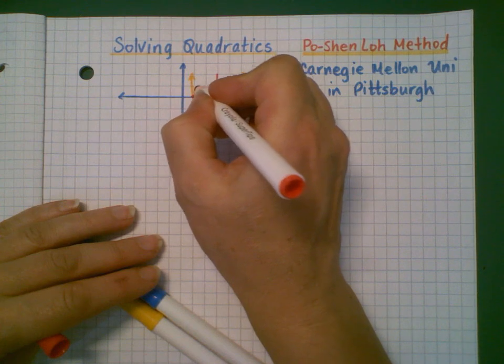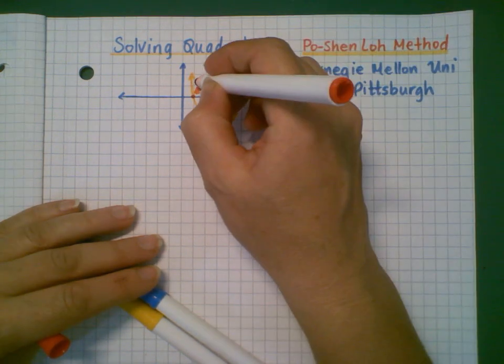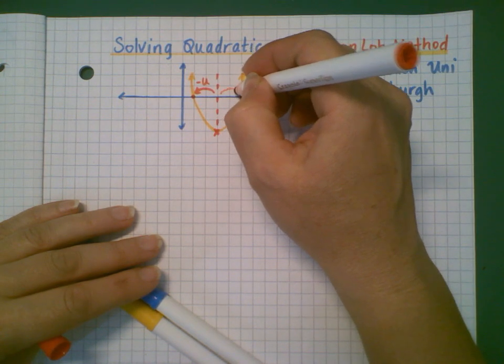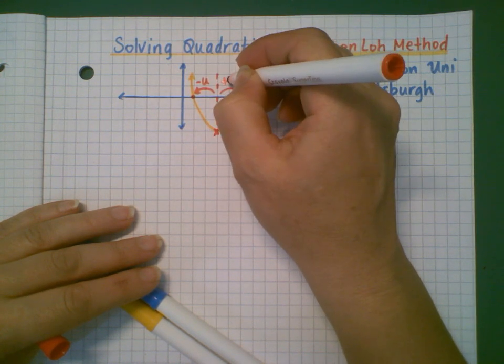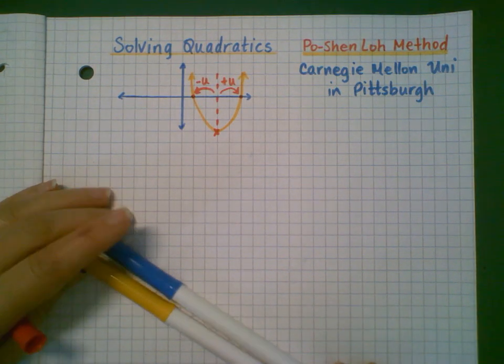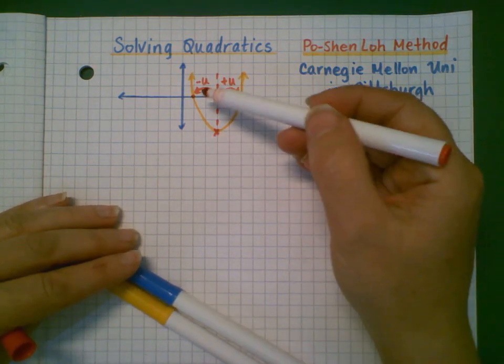So looking at that symmetry, this one is going to be some unknown amount to the left of that line of symmetry, and the other one is going to be the same distance to the right of that line of symmetry. And that holds true for any parabola.